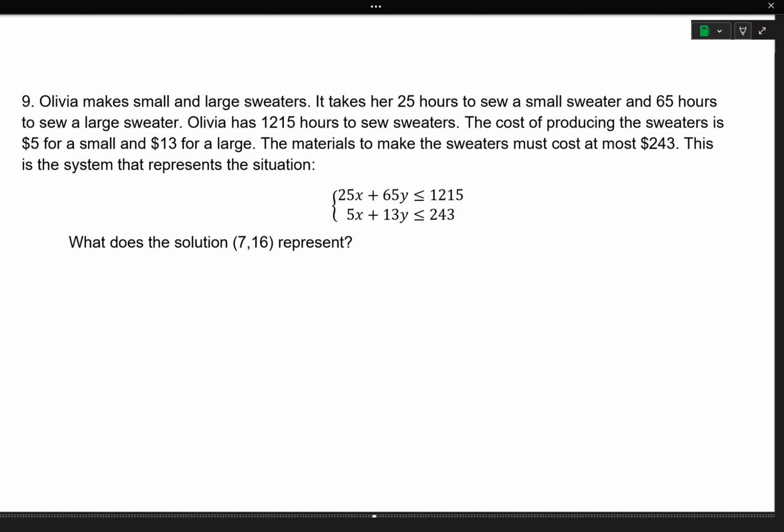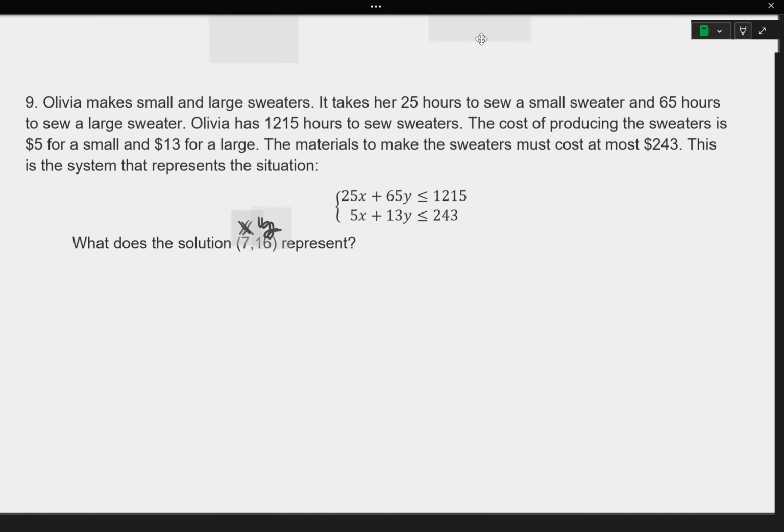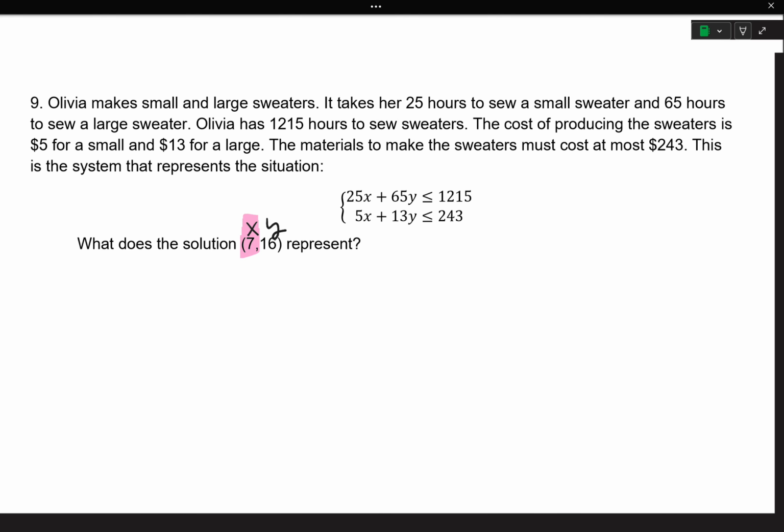Well, our coordinate is x, y. Let's check out the x's. With the x, I have a 25 and a 5. It takes her 25 hours to sew small sweaters and $5 for small. Okay, so x is small sweaters.